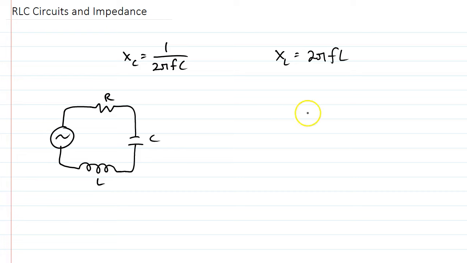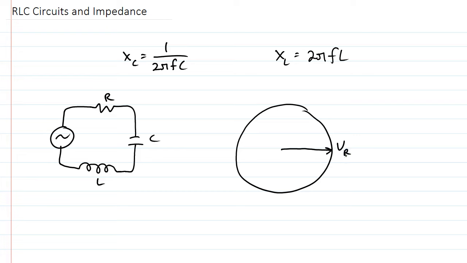In our phasor diagram, what we see here is a normal VR. A resistor is in sync with the current, and then, as we've talked about before, this is the voltage of a capacitor and the voltage of an inductor.